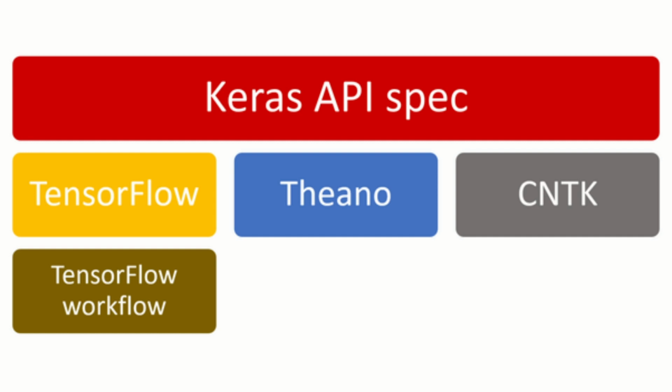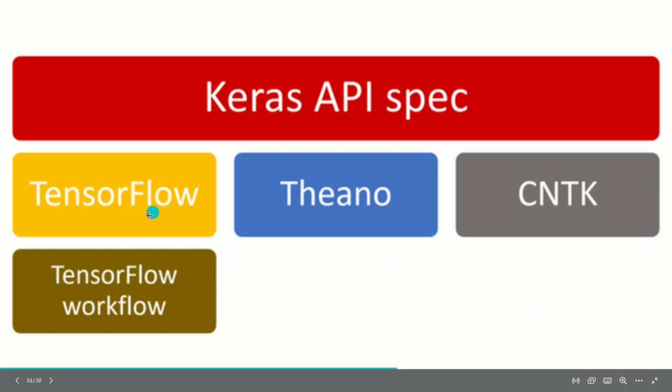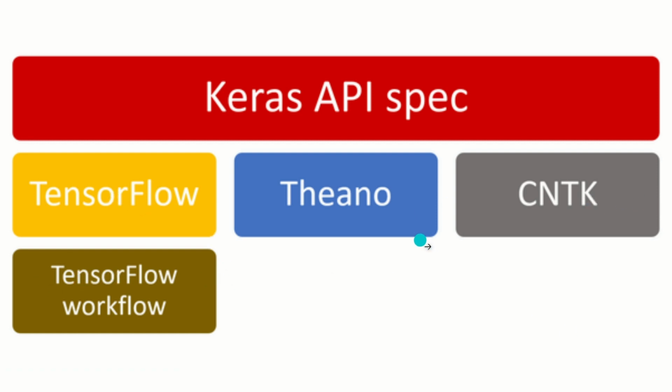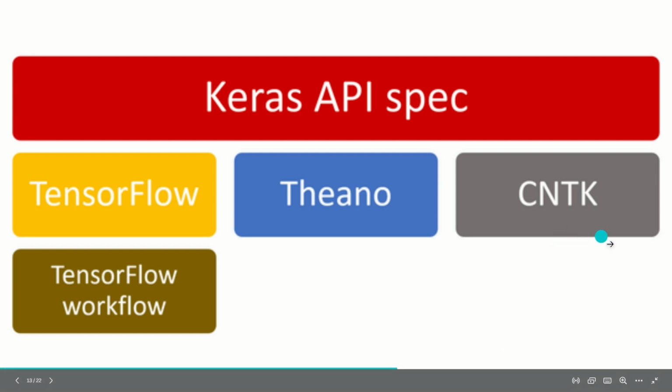Keras usually does not work independently. Like I said, you can take any of these as a backend for working with Keras. It works like an upper layer for the prevailing deep learning frameworks like TensorFlow, CNTK, and Theano. Keras basically acts like a wrapper for these frameworks.